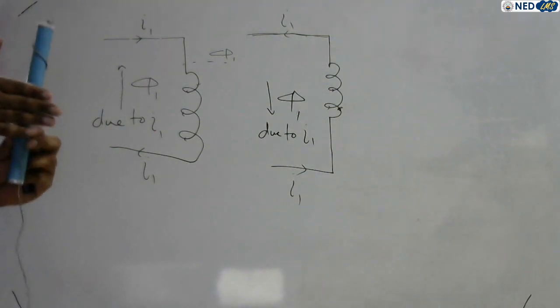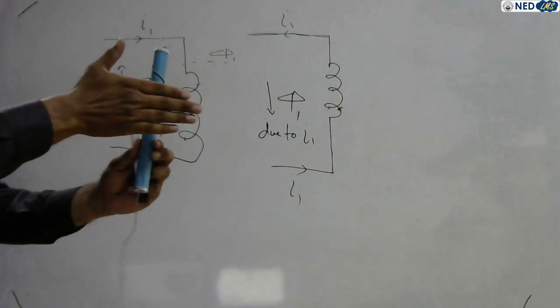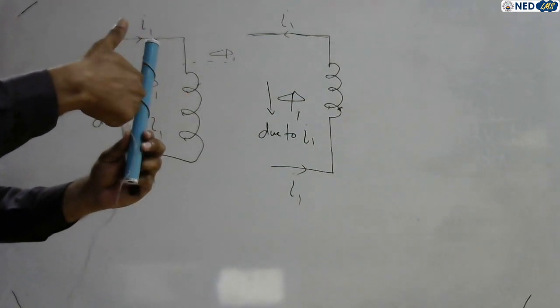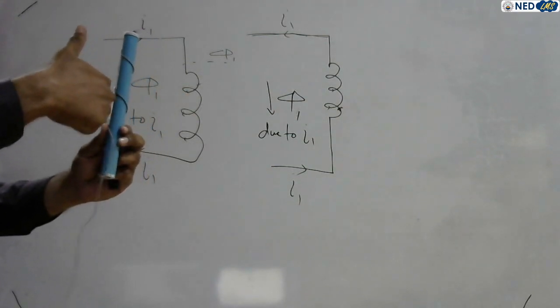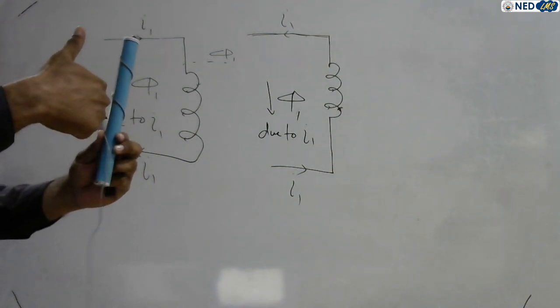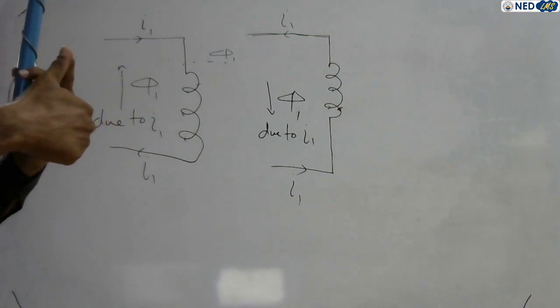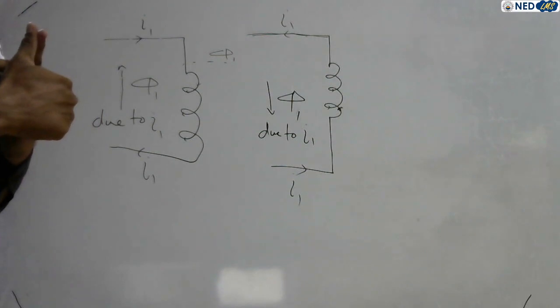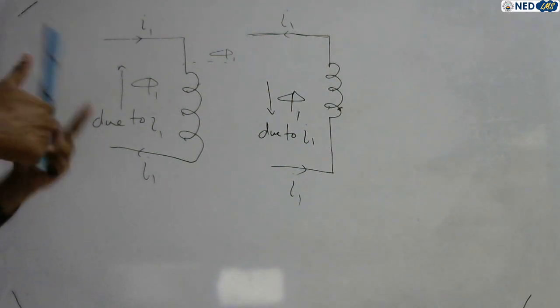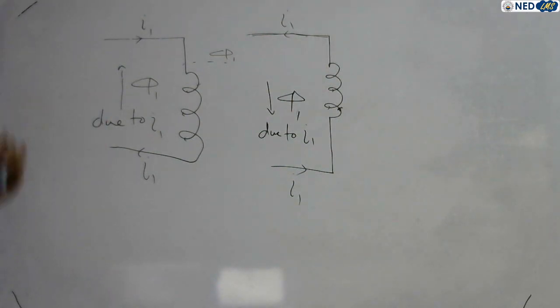So put your right hand and curl the fingers in the direction of current flow. See, my thumb is upward. So the thumb gives you the direction of magnetic flux lines, right? In this case, the magnetic flux is upward.